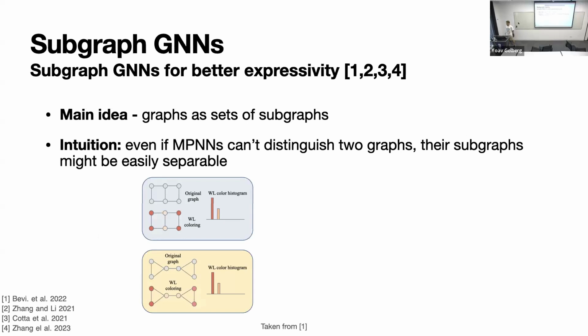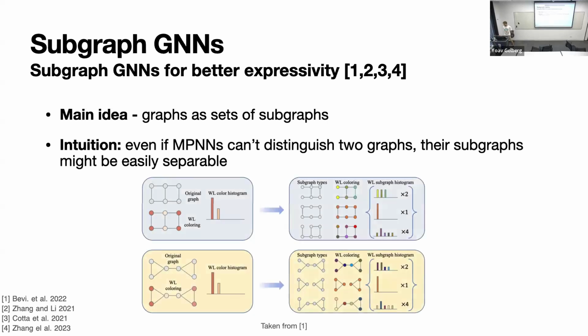The main idea behind subgraph GNNs is to look at graphs as sets of subgraphs. The intuition is that even if MPNNs cannot distinguish two graphs, their subgraphs might be easily separable. Here we see an example of two graphs with the same 1WL histogram, so an MPNN is not going to be able to distinguish these two graphs.